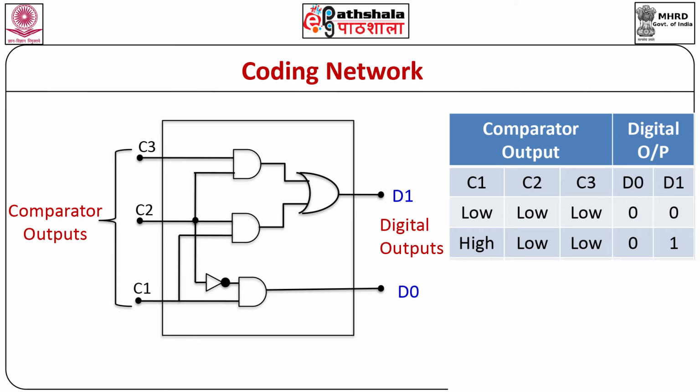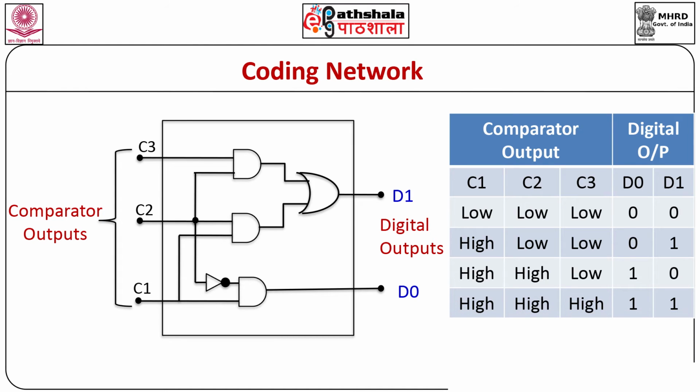When C1 and C2 are high and C3 is low, digital bits generated will be D0 bit 1 and D1 bit 0. Whereas when C1, C2 and C3 all 3 are high, the digital output generated will be 1, 1. Thus, the coding network accepts the output of comparators and converts the comparator outputs into 2-bit digital form.